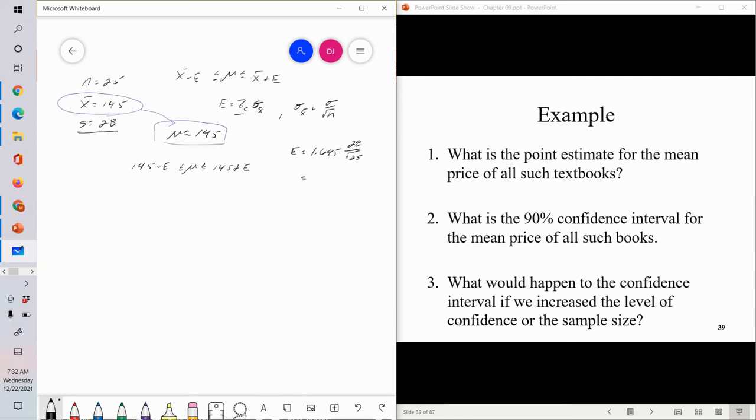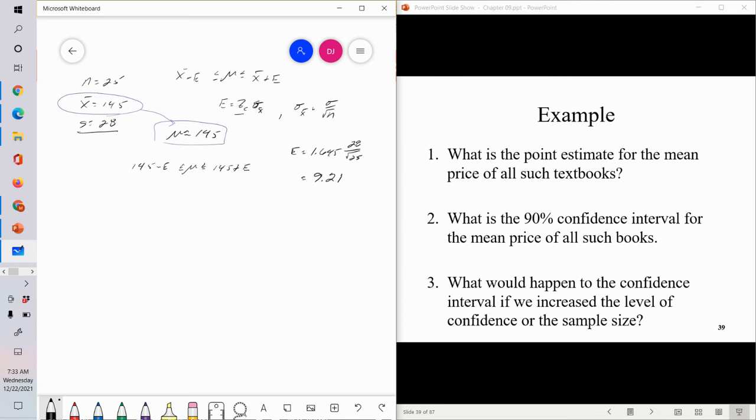So our margin of error, again taking my calculator, 1.645 times 28 divided by the square root of 25, we get 9.2. Let's go two decimal places, 9.21.